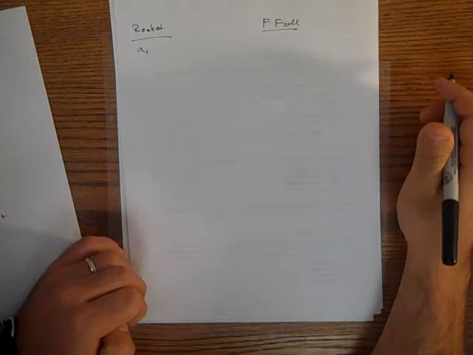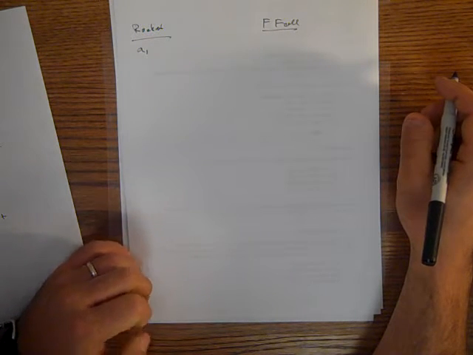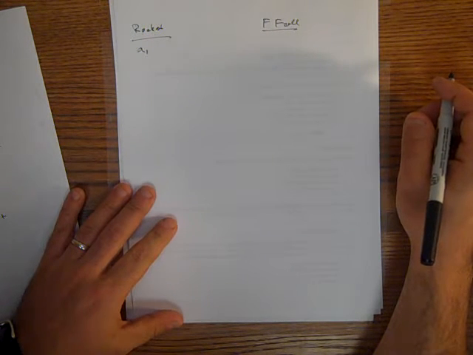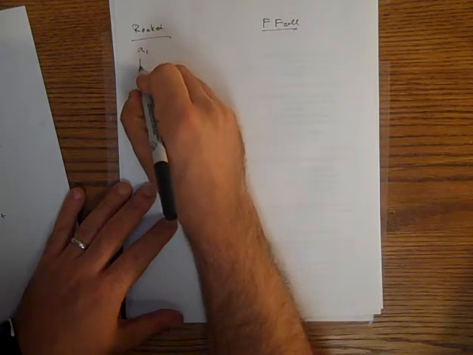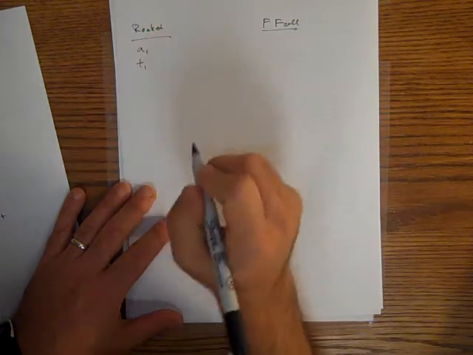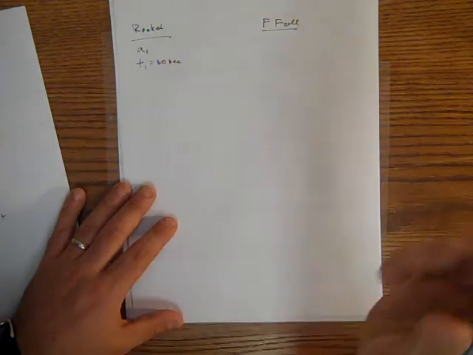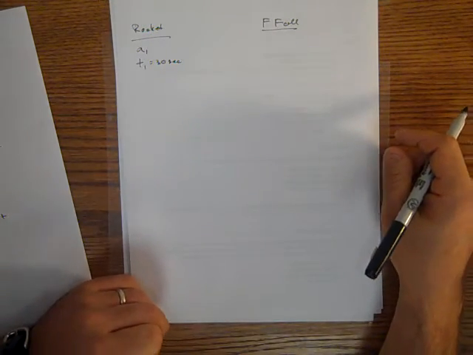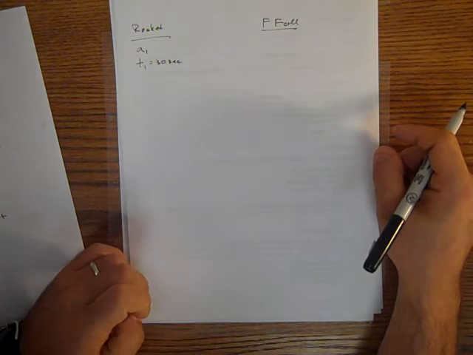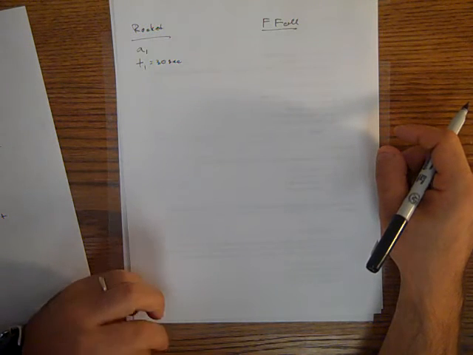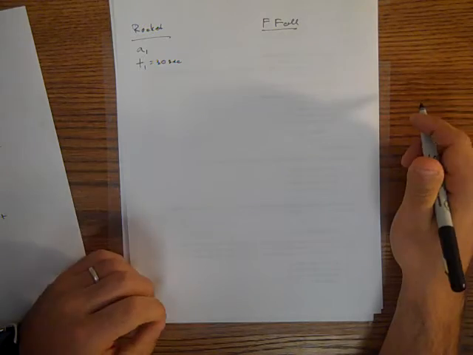Okay. The initial position is 0. It starts at the ground. And at some later time, T1, which we know is 30 seconds, it reaches some position after which time the acceleration due to gravity takes over.